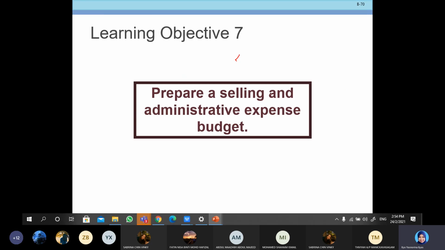All right, the selling and administrative expenses budget is similar to the manufacturing overhead budget. Okay, the format is similar. We have variable here, we have fixed, then we add these two, then we less depreciation. That's it.